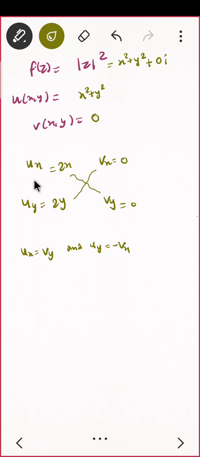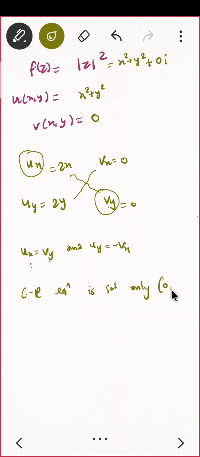That means if I want to make this ux the same as vy, I should have this one also 0, correct? That means the CR equation is satisfied, x is 0 and y is also 0. That is, the CR equation is satisfied only at 0, 0. So what can you conclude here?